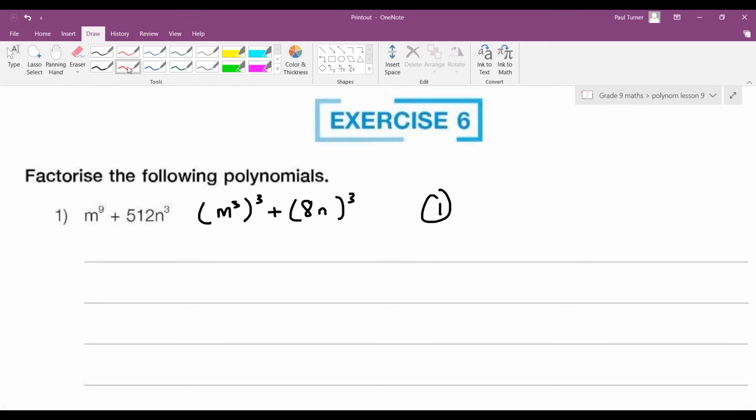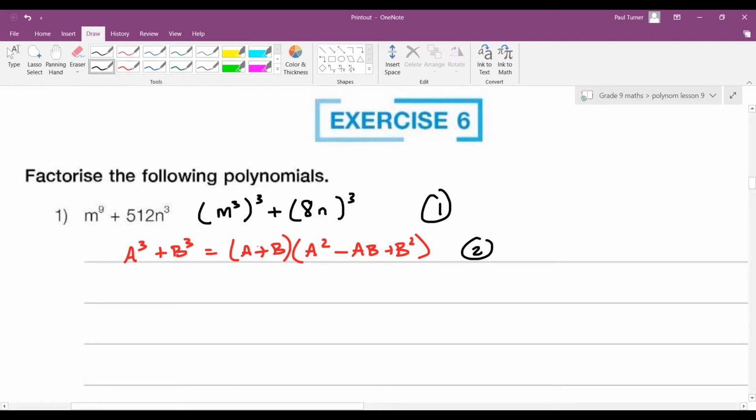So I would write your formula next. You've got a cubed plus b cubed, a plus b, a squared minus ab plus b squared. So I recommend writing the equation next. This will be step 2. And then put your values in from the question.